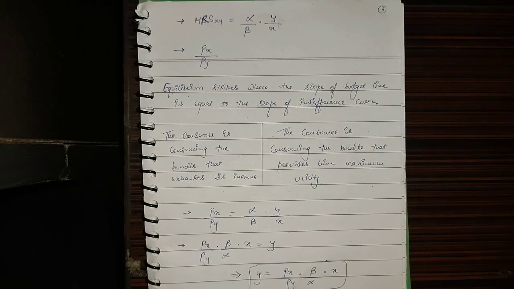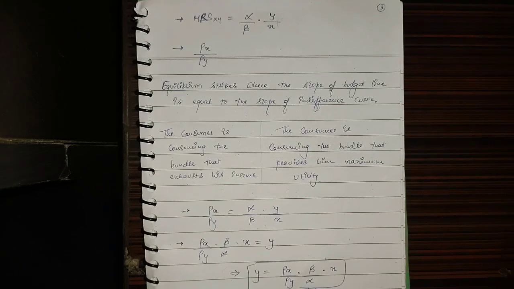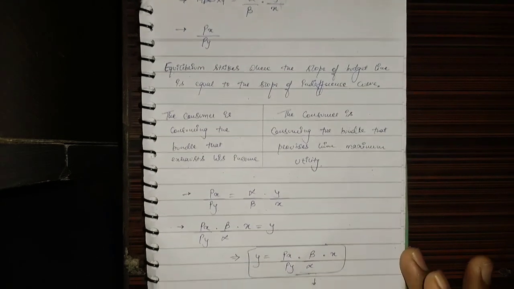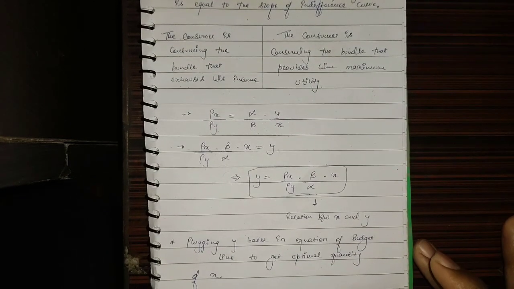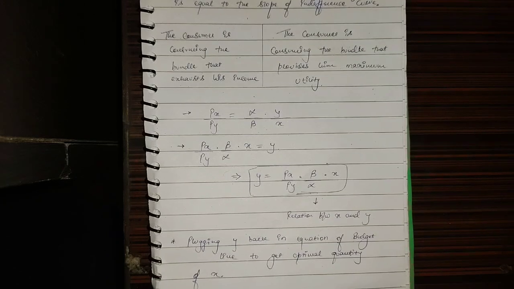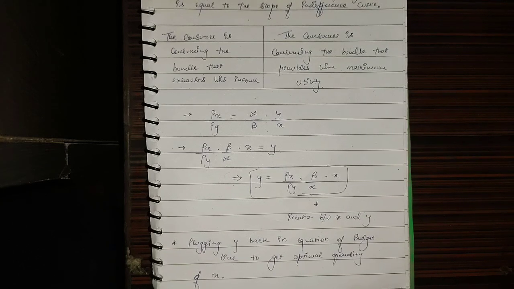So there is only one way that the consumer can maximize his utility, that is by consuming his entire income. Like we said, the condition to get the equilibrium is to equate the slope of the indifference curve and the marginal rate of substitution.